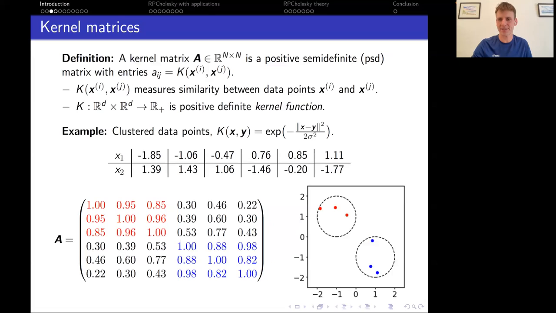We've got 6 data points in this example. 1, 2, 3, 4, 5, 6. They're in 2D Euclidean space. And so here's just the x1 and x2 coordinate of the 6 data points. It's a 2 by 6 matrix.